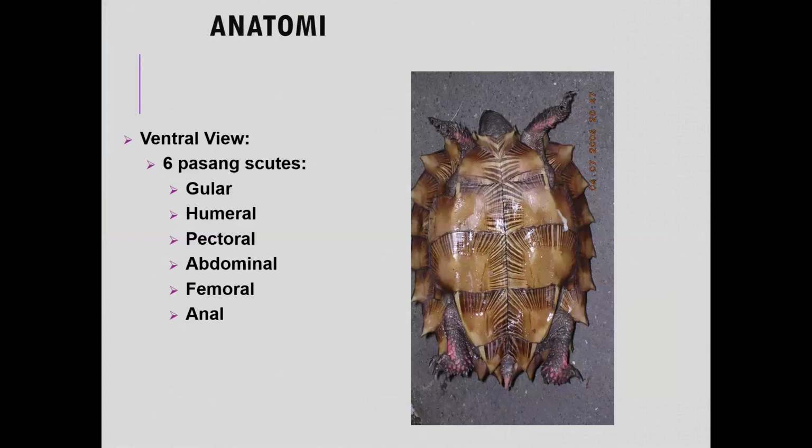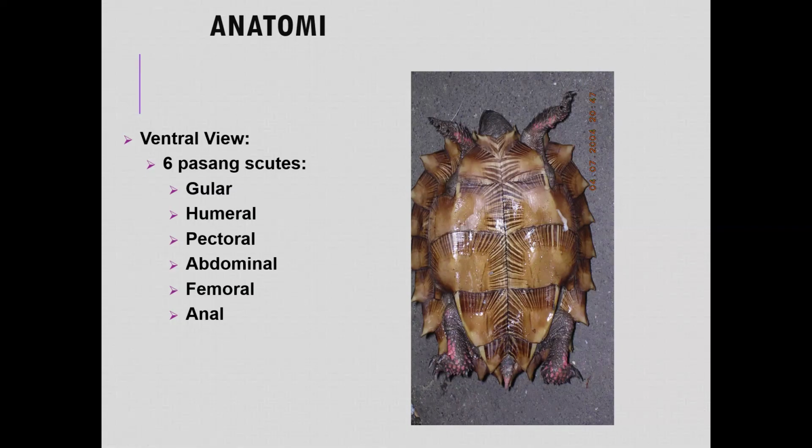Okay, this is the anatomical feature of the tortoise. As we know, they have scutes, or modified scales, that form their plastron. There are 6 pairs of scutes: gular, humeral, pectoral, abdominal, femoral, and anal.